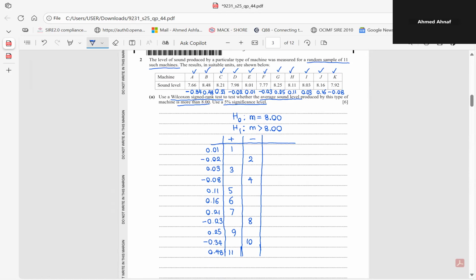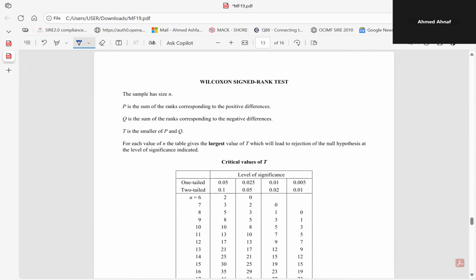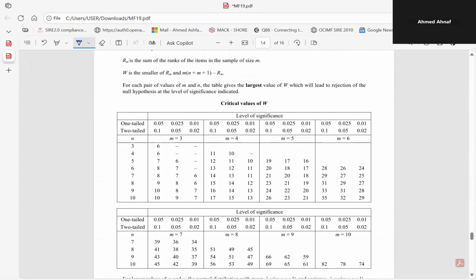Okay, so now we have to find P, the sum of the ranks of the positive differences. That is 1 plus 3 plus 5 plus 6 plus 7 plus 9 plus 11. By the way, if you forget what you have to find for the Wilcoxon test, it's all given in the formula list.